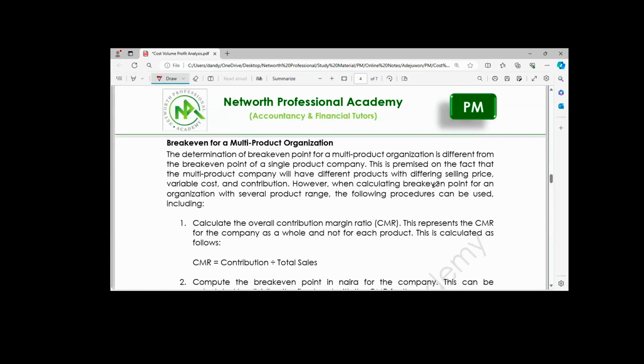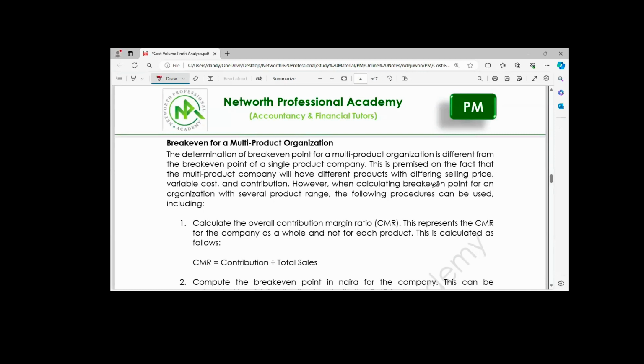Therefore, how do you then calculate break-even points for a multi-product organization? To calculate break-even points for a multi-product organization, there are 5 procedures that you are going to carry out. The first procedure is to calculate the overall contribution margin ratio. You calculate the contribution margin ratio for the entire organization.